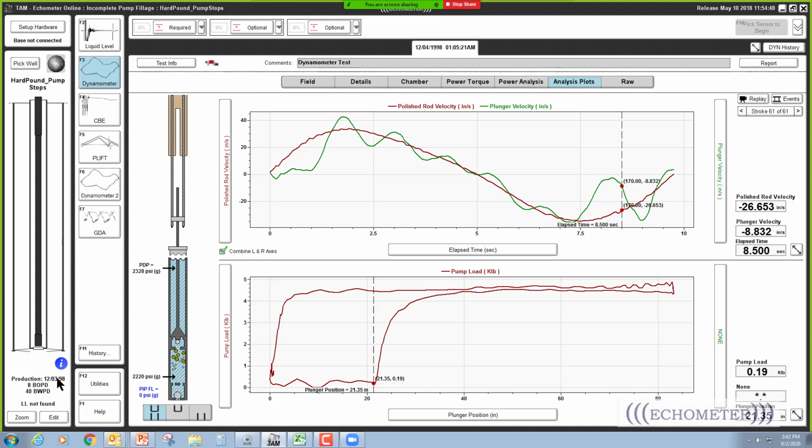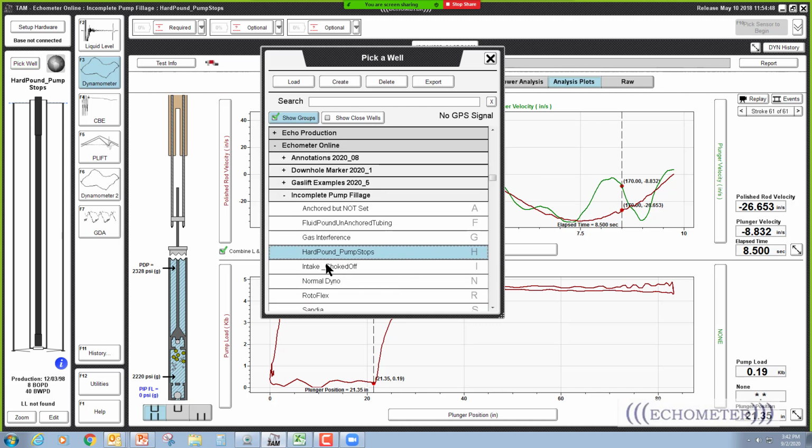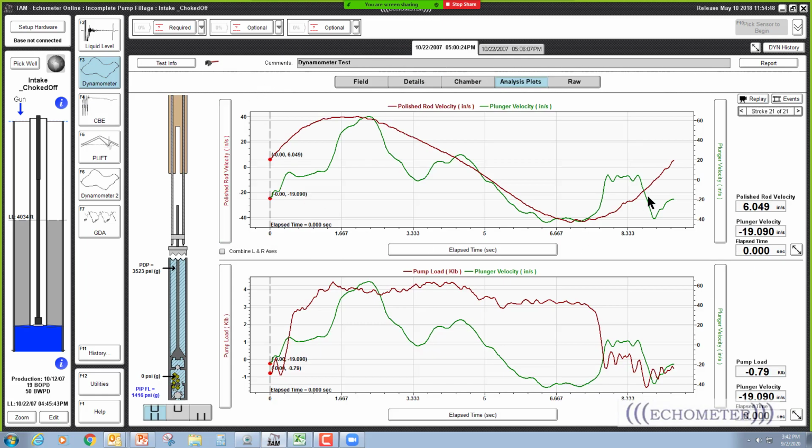If we go pick the blocked intake card, this one right here, choked intake, blocked intake card, and we look at the same information on the velocity plot, the polished rod, and the pump. We'll leave this bottom one, which is a plot of pump load versus plunger velocity.